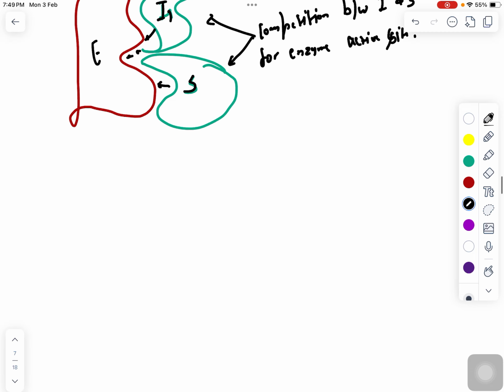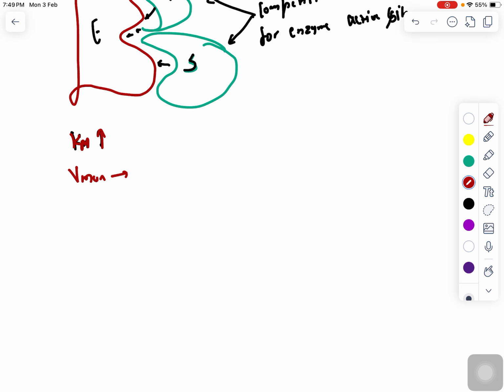So due to competitive inhibition, the value of Km will increase, and if Km is increasing, then as I have already discussed, you require a higher substrate concentration to carry out the same enzyme substrate reaction, right? It means your substrate is becoming inefficient for the enzyme substrate complex reaction, and the product formation will be delayed.